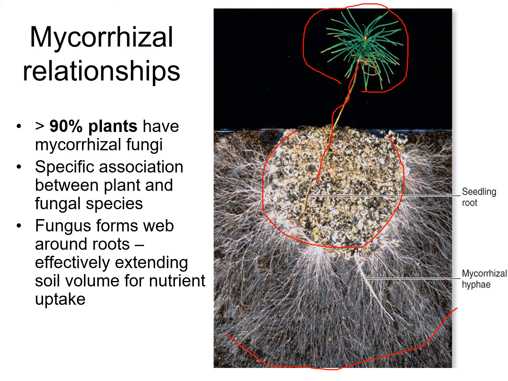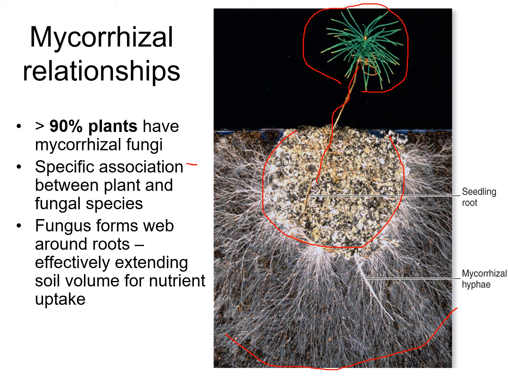In order to set this up, there is a very specific association between a plant and a fungal species. So not just any mycorrhizal fungi associated with any plant, they have very specific genetic interactions. And you can see the fungus forming this web as the seedling grows.